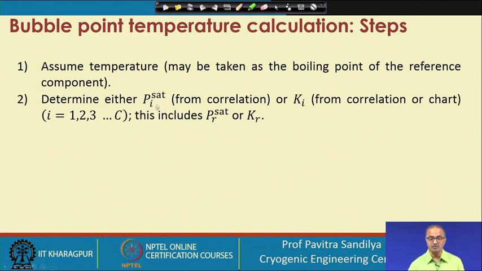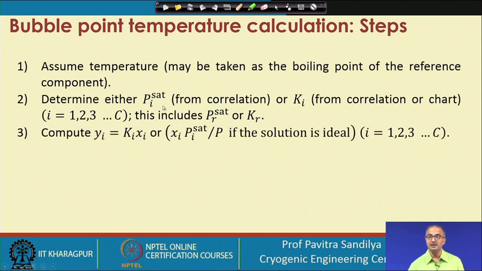Now we can find the value of the saturated vapor pressure from some correlation, for example the Antoine correlation. So we use some kind of correlation to find the vapor pressure, or we can find directly the value of Ki if we have a DePriester kind of chart, or some other kind of correlation, and this i goes from 1 to C, and this includes the reference component as well.